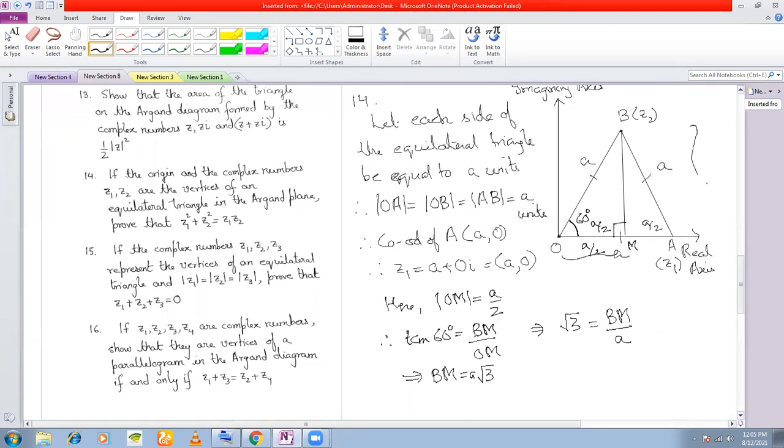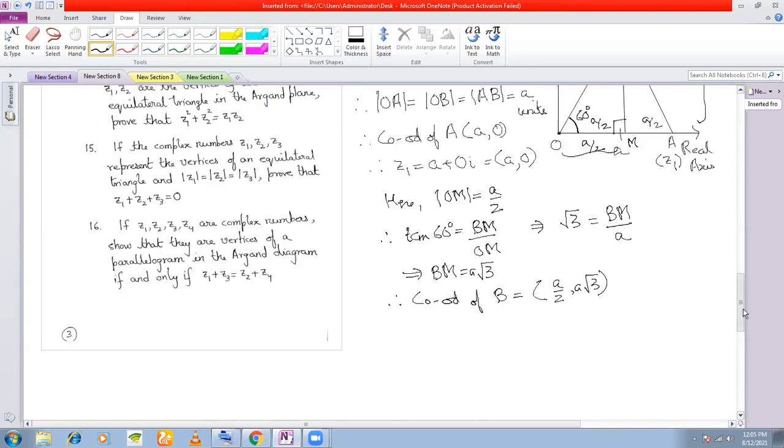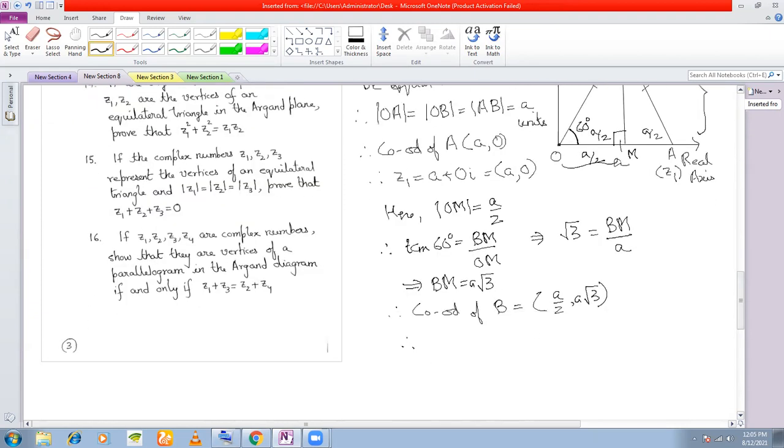And this part we have found out is a root 3. So coordinates of B is equal to a by 2 comma a root 3, right? So therefore, what is the complex number Z2? Z2 is equal to a by 2 plus a root 3 i, right? This is the complex number Z2.